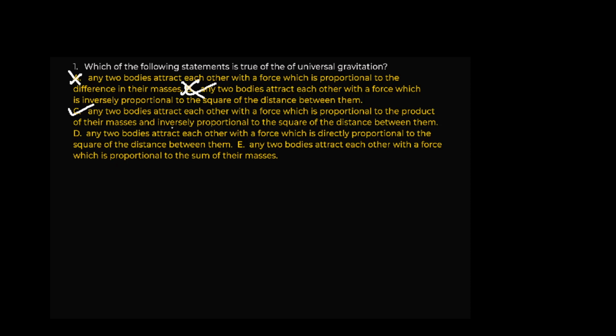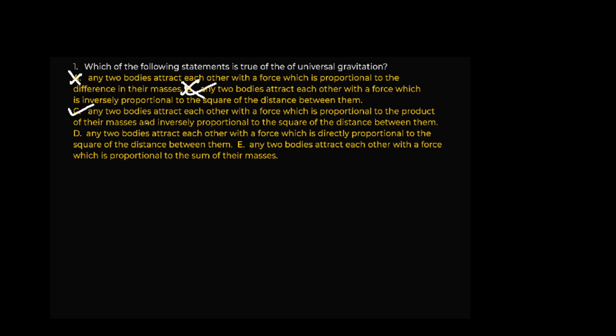So if you look at B, the first one, it only stated the second part of the law. It doesn't state the first part of the law. But if you look at C, it stated the complete law. And that's why C will be the right one.